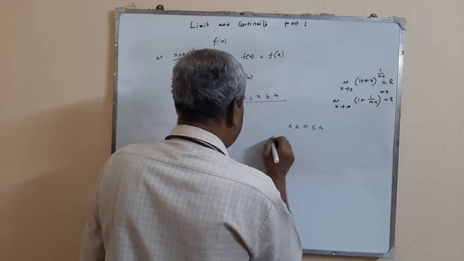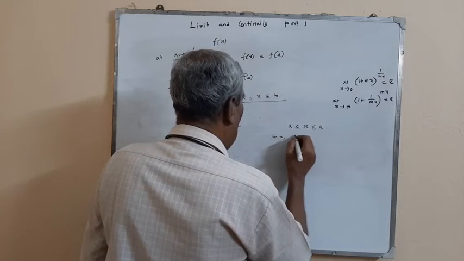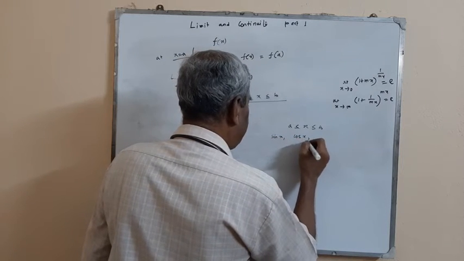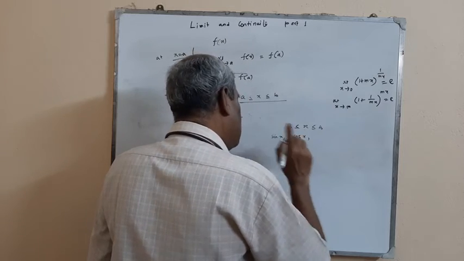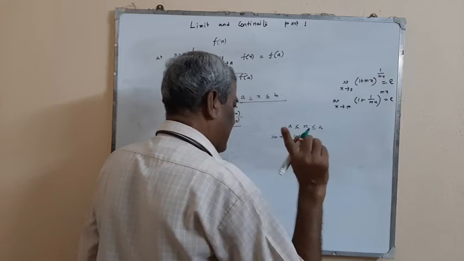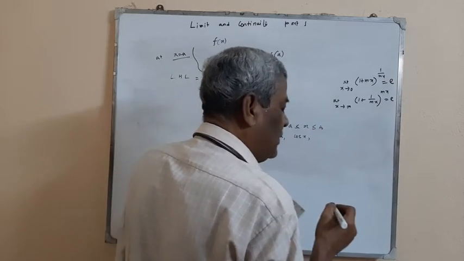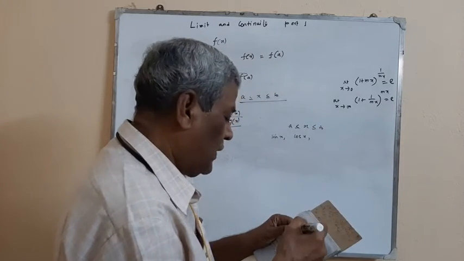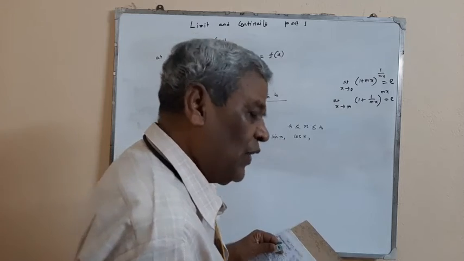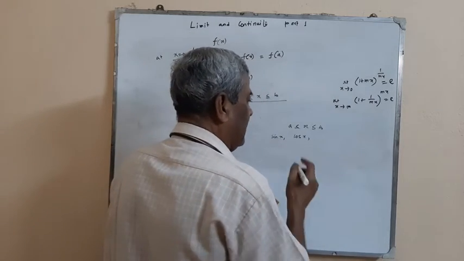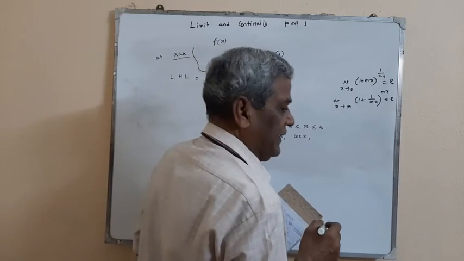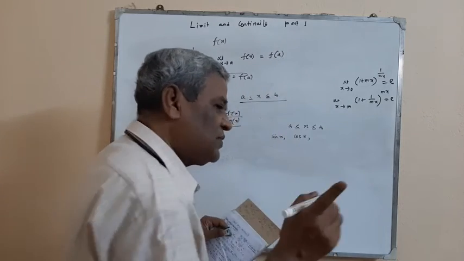Sin x, cos x are continuous everywhere. Tan x is continuous everywhere except where it attains infinity. Same is cot x.